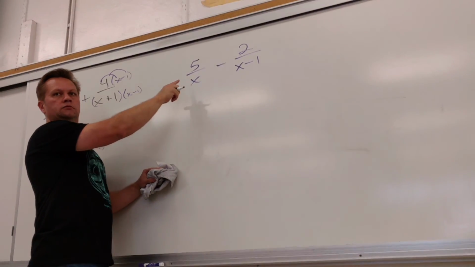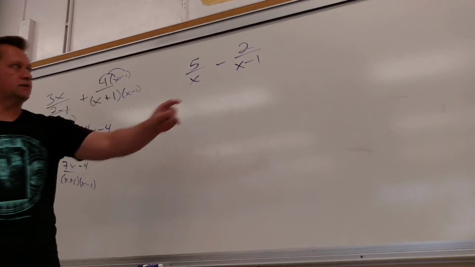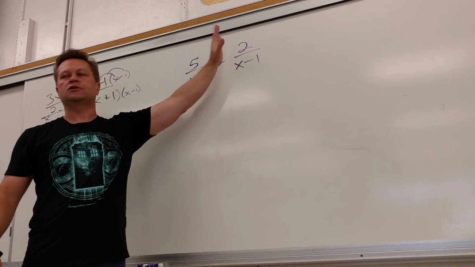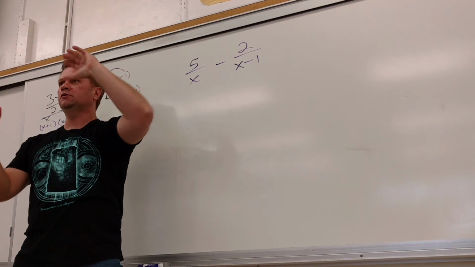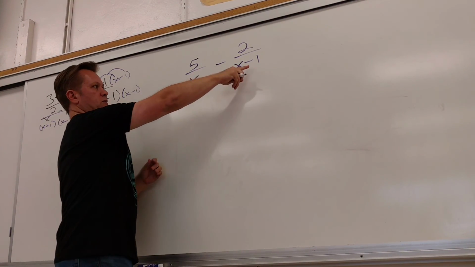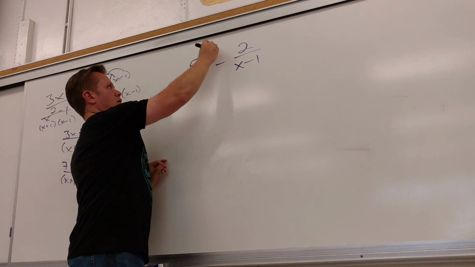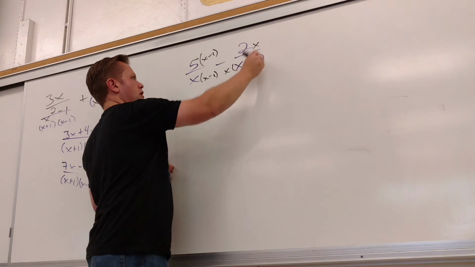What's on the bottom here? An X. And what's on the bottom there? X minus 1. Does this one have an X anywhere? No. It has a 2 on the top, and an X minus 1 on the bottom. So obviously, what's this one missing? It's missing X minus 1. What's the other one missing? X. Now they both have the same bottom.